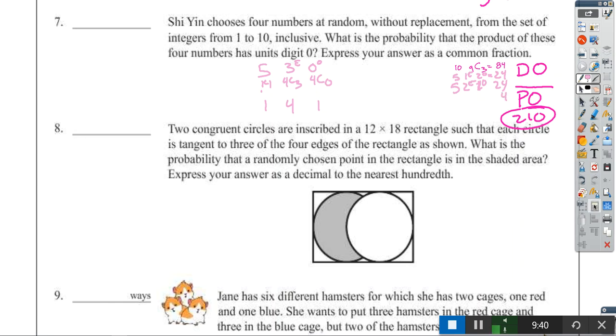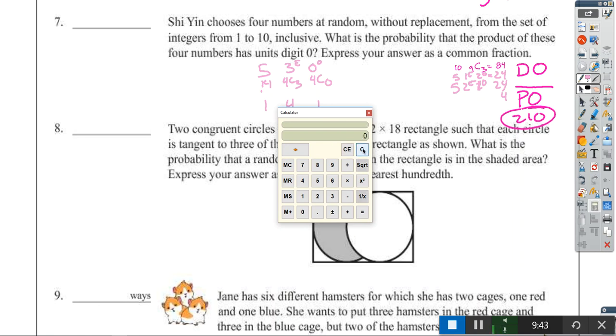So let's add all of these options together. So I have 84 plus 24 plus 24 plus 4. Hopefully I got what I had here. Yep. And so my probability of getting 0 is going to be 136 over 210.